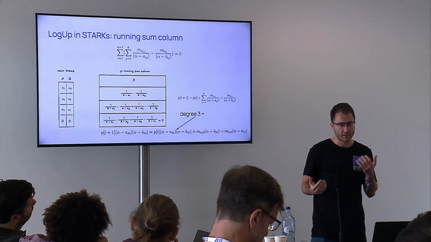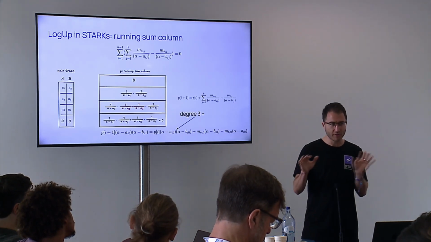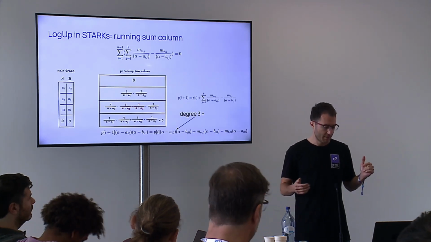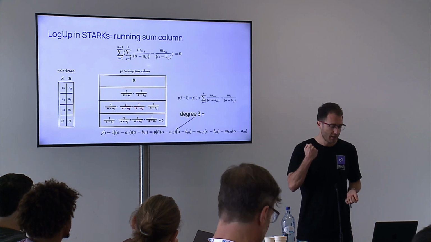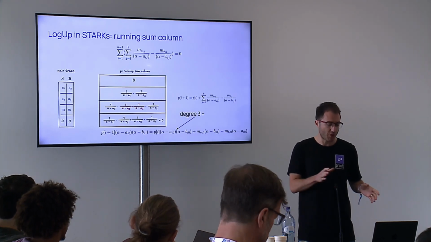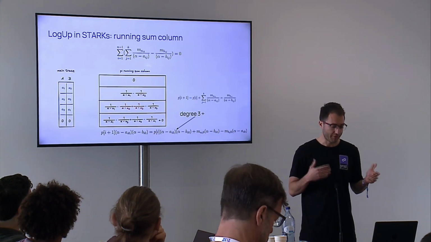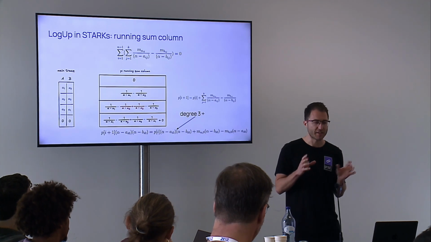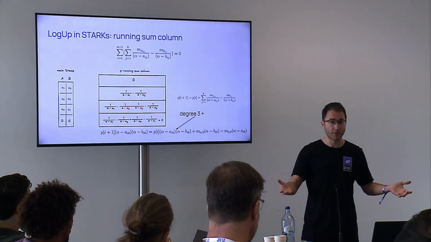Actually, A i0 and B i0 are, in general, polynomials of columns, so they could have their own degree. They could be degree 5 and degree 6. But the minimum is degree 1, where they're exactly one column. So the minimum degree of this expression is 3. And it goes up if you don't commit to everything and you do polynomials of columns, then this degree goes up.